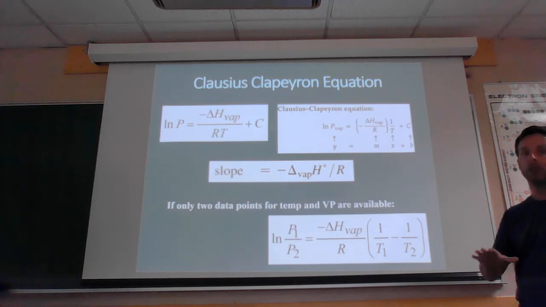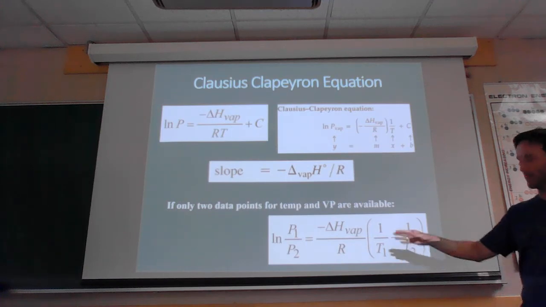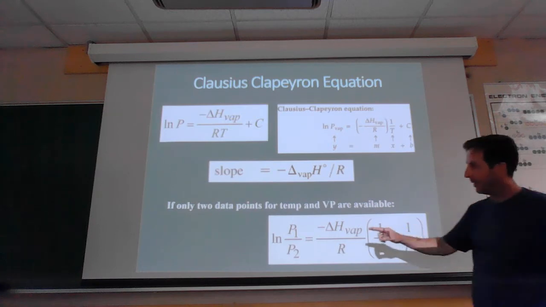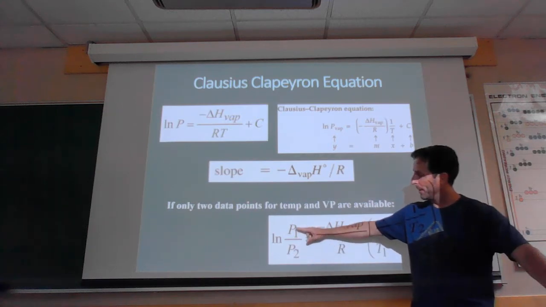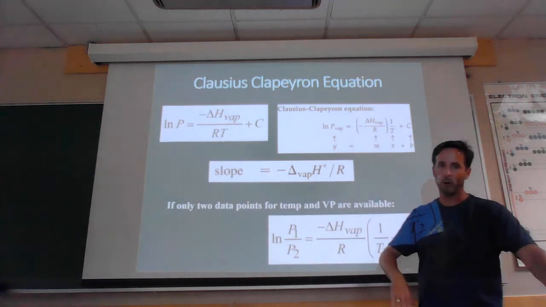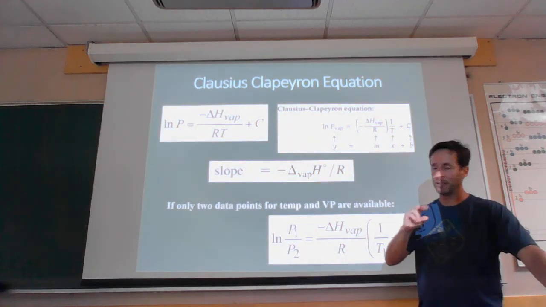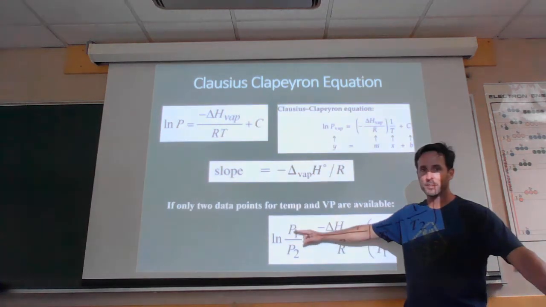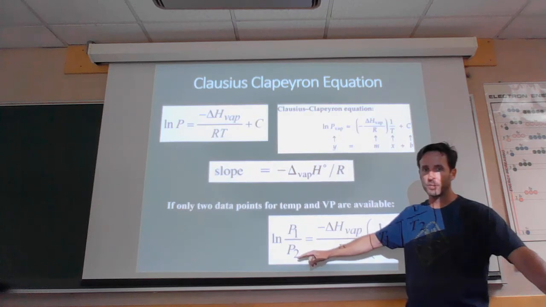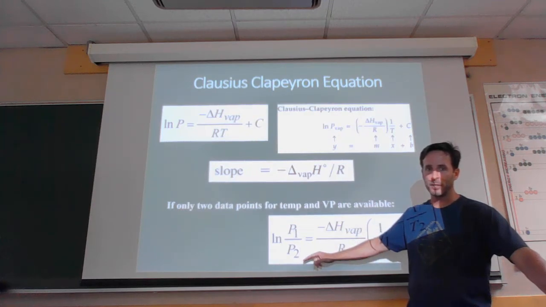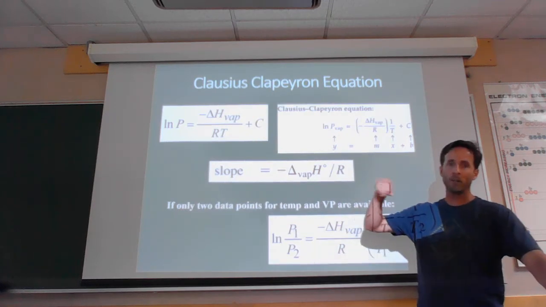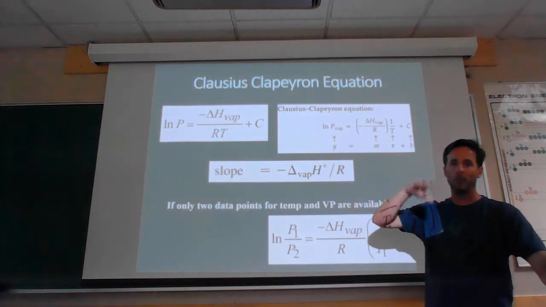Now, some warnings when we plug all this stuff in. The two vapor pressures can be in any pressure unit you want as long as they match. They can both be in atmospheres, they can both be in torrs, they can both be in millimeters of mercury, or they could be in bars or PSI, any unit of pressure.